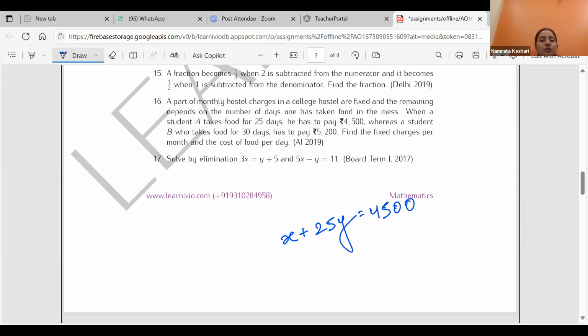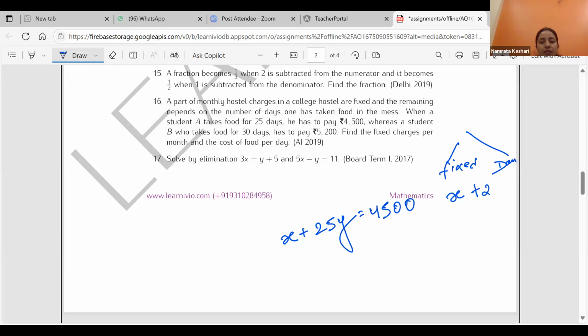A part of monthly hostel charges in a college hostel are fixed, and the remaining depend upon the number of days. Fixed, we can say it's X, and according to the number of days, the other one is varying.